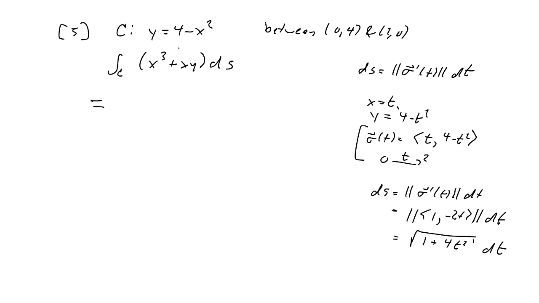So now let's see what our integral looks like. We're going to be integrating with respect to t, and we saw that the bounds for t were 0 to 2. So this becomes the integral from 0 to 2. And in here, I have to take x cubed plus xy, and here are the values of x and y. So x cubed plus xy will be t cubed plus t times 4 minus t squared.